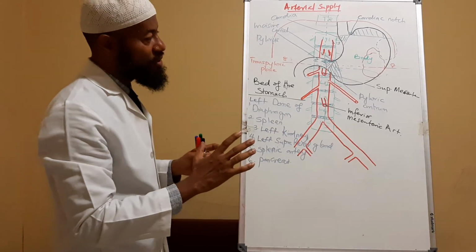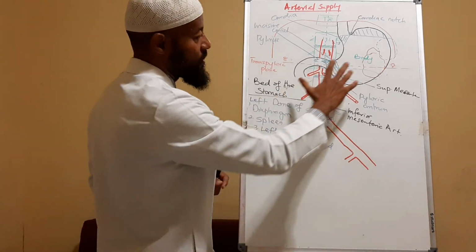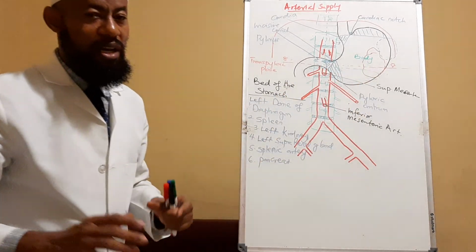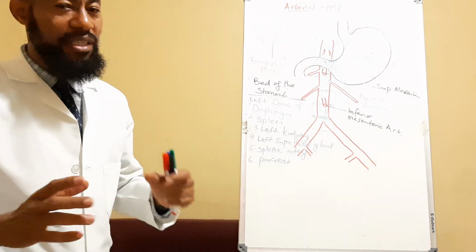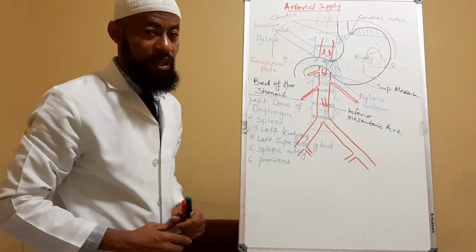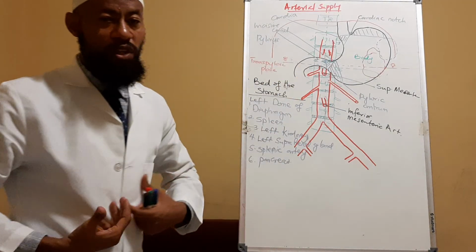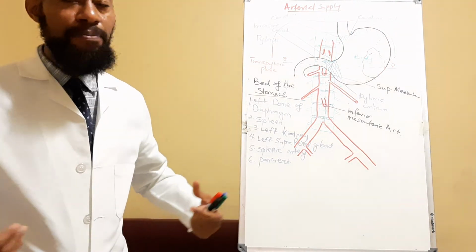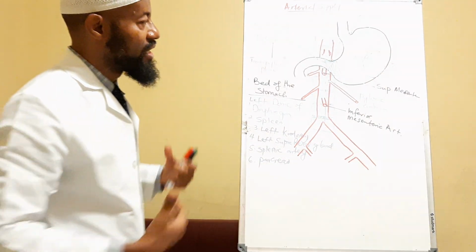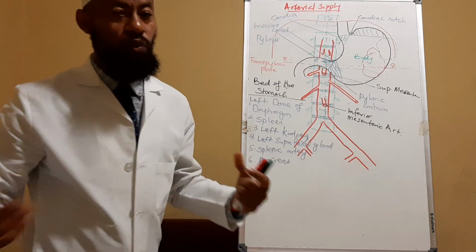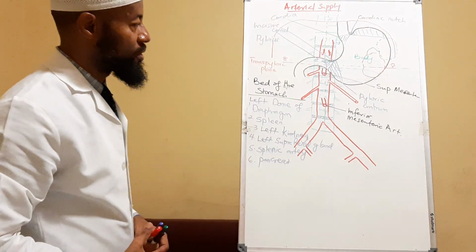So understanding the relationship of these branches with the stomach is very key to understanding this part of gross anatomy. When you go into the abdominal cavity, this is usually the arrangement you would see.